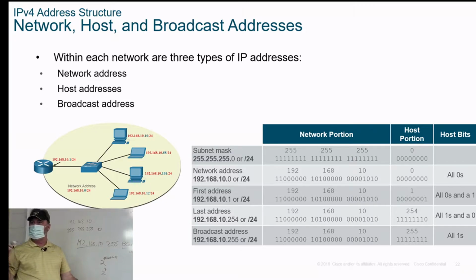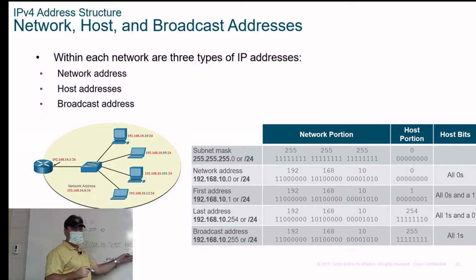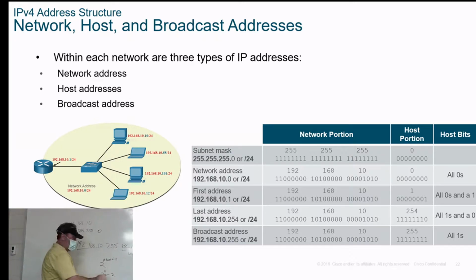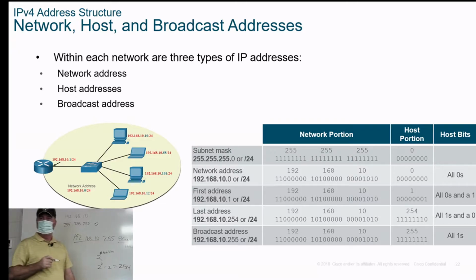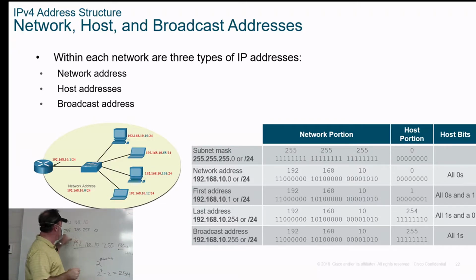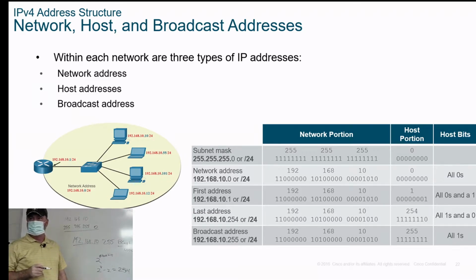Because there's 2 things that we can't use. We now know the 2 things are all ones and all zeros in the host field, which gives us the network address and the broadcast address. So we have to take 2 away. 254 usable addresses when we're using a Class C subnet mask.